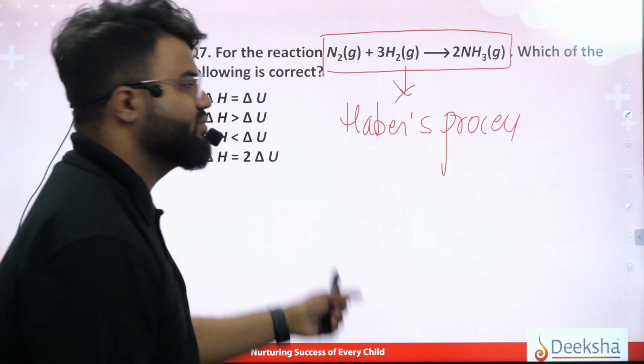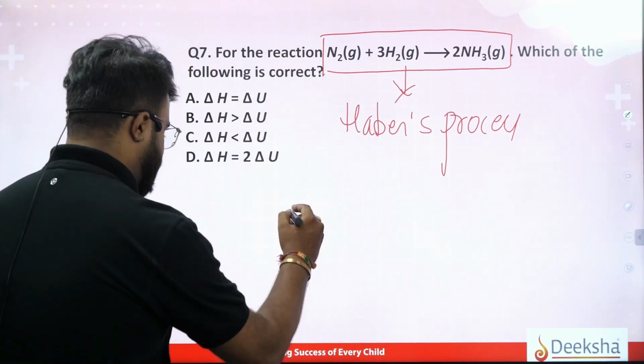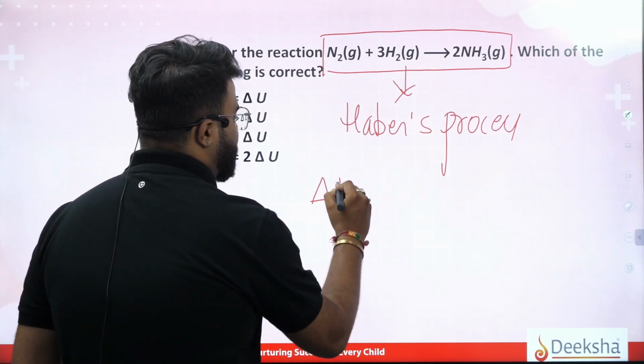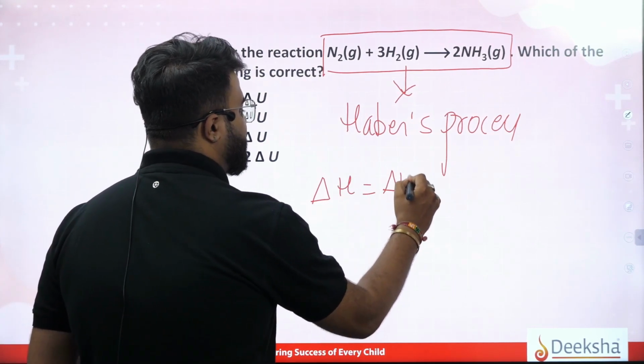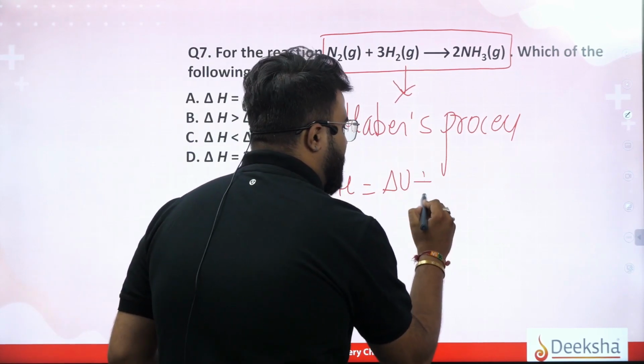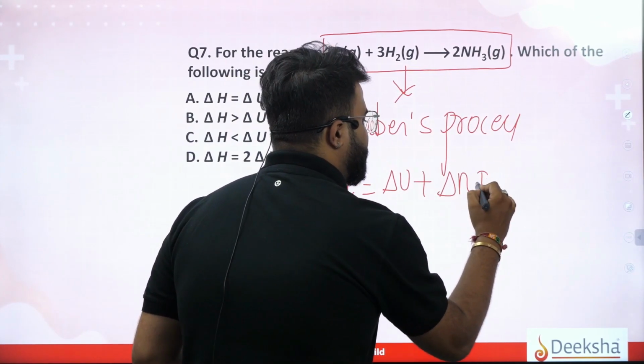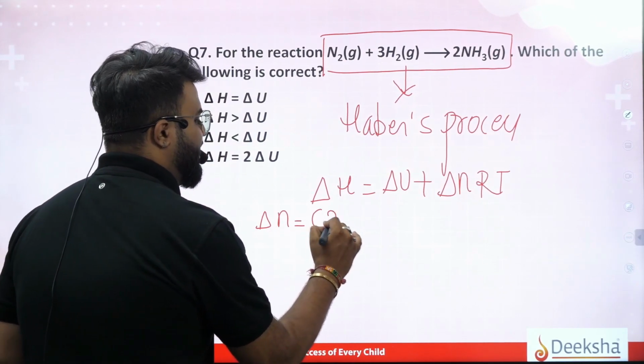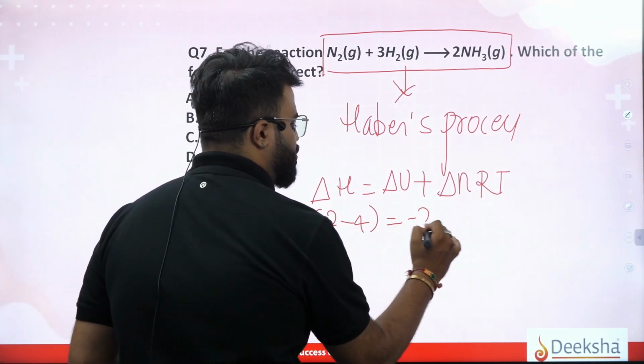Now, looking at the options, a formula comes to mind. Which formula? Delta H is equal to delta U plus delta N RT. Here, delta N is 2 minus 4, which will be minus 2.